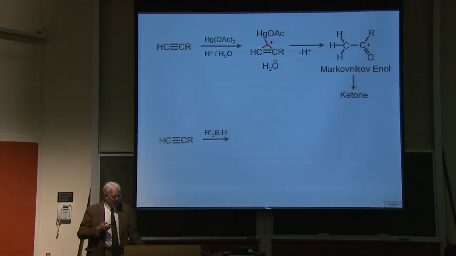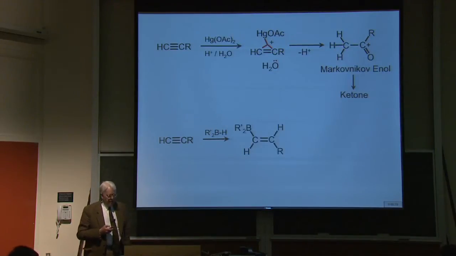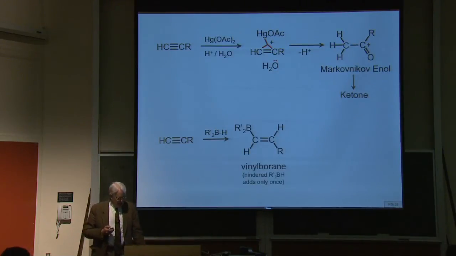Okay, the alkoxymercuration of an alkyne doesn't wait around to do the sodium borohydride reduction. Now, remember, you could do the other thing in an alkene, add in the other regiochemistry by using a borane. For acetylenes, you use a special borane, so you get a vinyl borane as the product, and it won't add a second time if you have those R prime groups sufficiently hindered so that it blocks access.